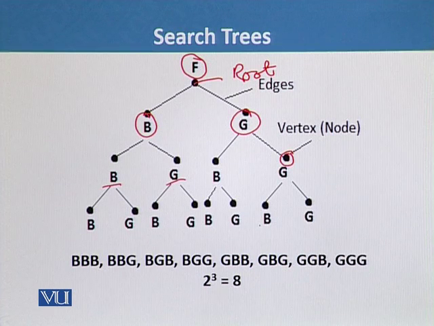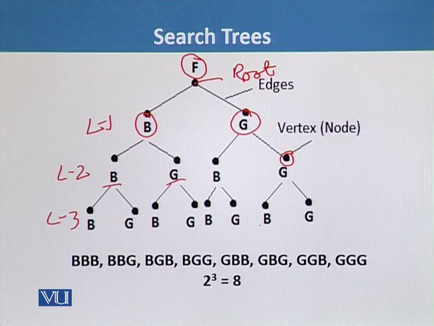In this tree we can see this is level 1, this is level 2, and this is level 3. There are many probabilities here. If we draw the probabilities, from the root we have either BBB, here it is written BBB.